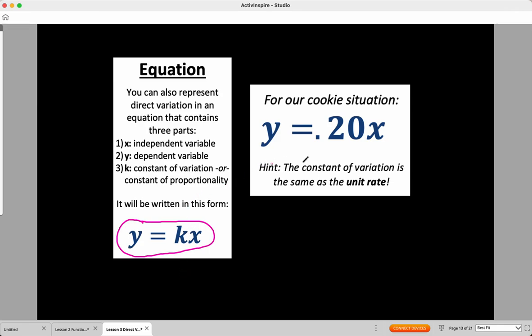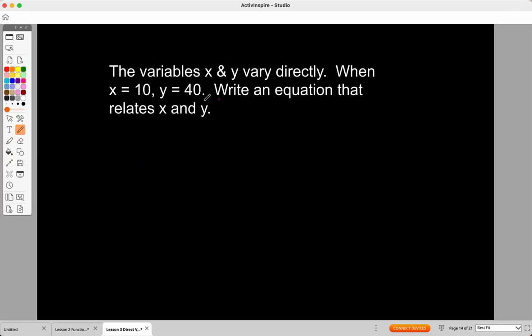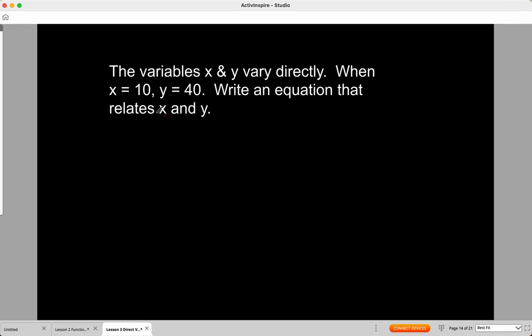Okay? When we get to our ratios, rates, and proportions, we'll talk about unit rate, and that's going to give us a great connection to it. Okay? So, if X makes Y, they vary directly. It's told us in the equation right here. That's the key to the problem right there. Got to read. When X is 10, Y is 40.